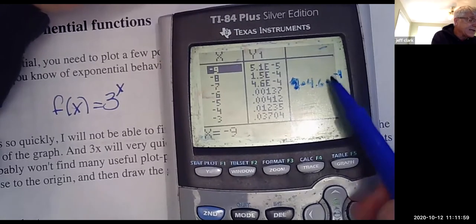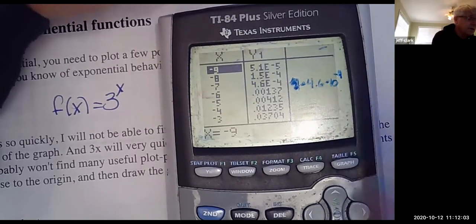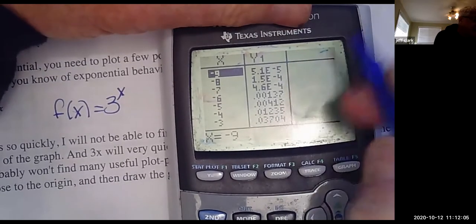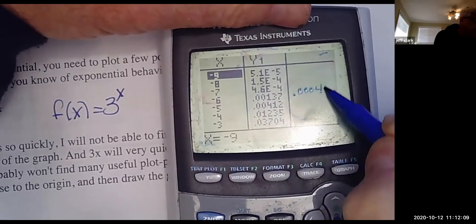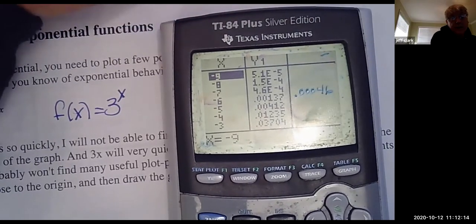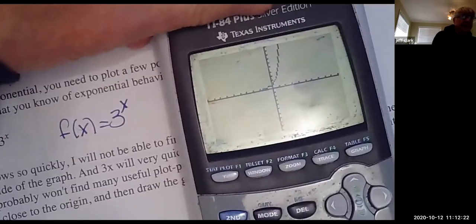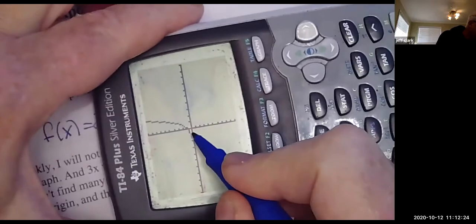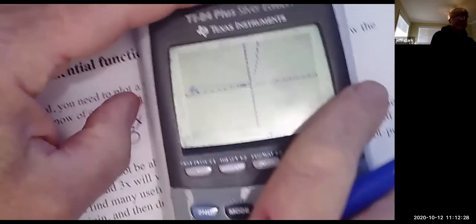So if I took the decimal that's right here and moved it to the left 4 places, your decimal answer is around point. It's about that much, so it's kind of small, close to the x-axis. The y value is very close to 0. So the picture that you see right here doesn't stop. It should continue forever along the x-axis like this.